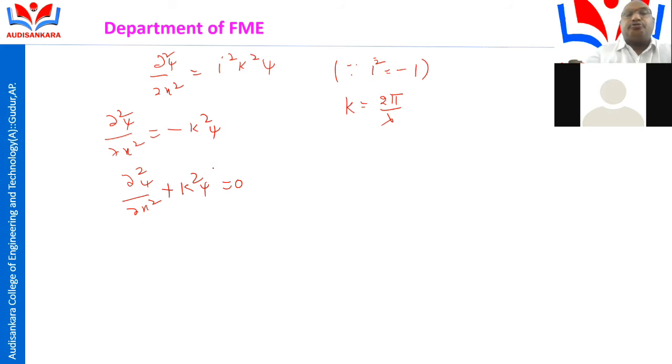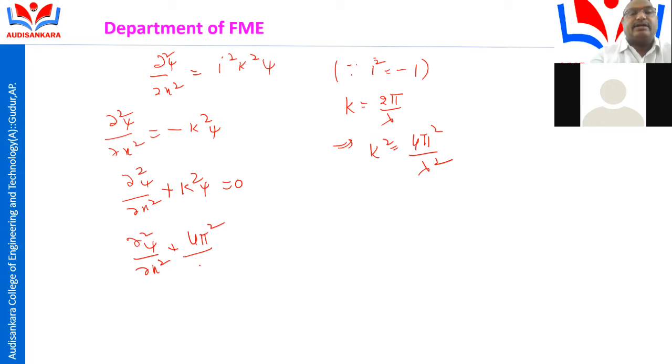Where k is 2 pi by lambda, it implies k square is equal to 4 pi square by lambda square. Therefore, dou square psi by dou x square plus 4 pi square by lambda square into psi is equal to 0.